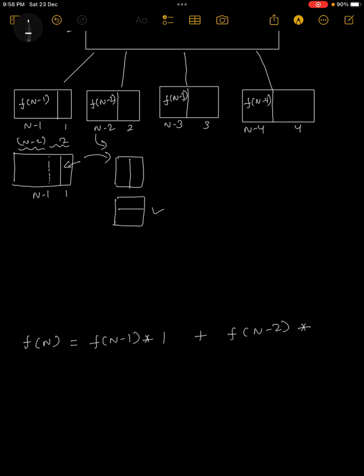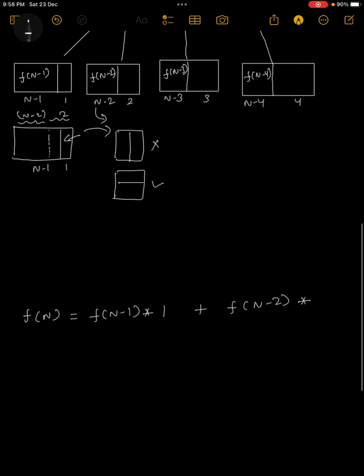So we can only take this one, and we cannot take the vertical one because it will give us a duplicate answer. So what is the total number of ways to tile 2 cross 2 here? Only one, because we will not take the duplicate one.